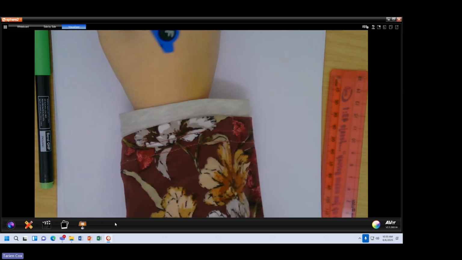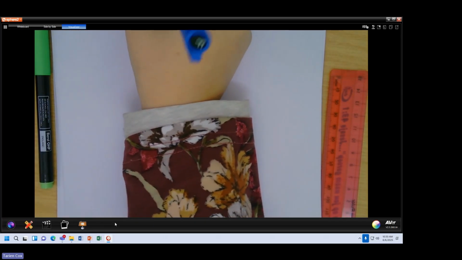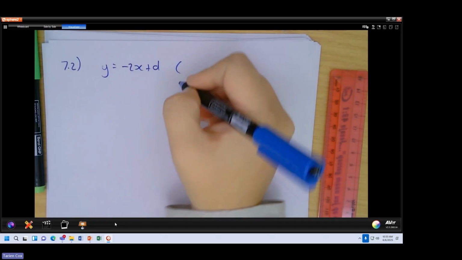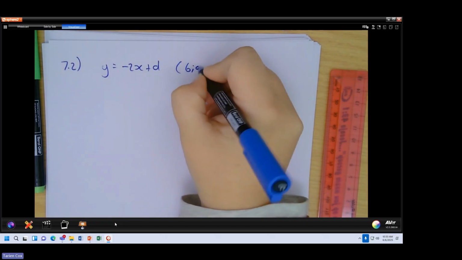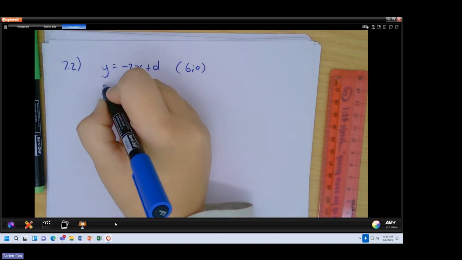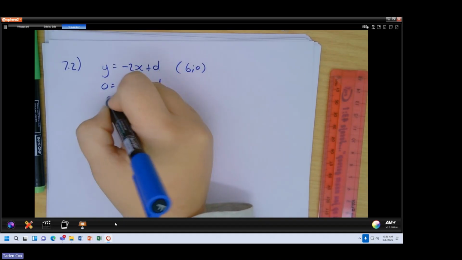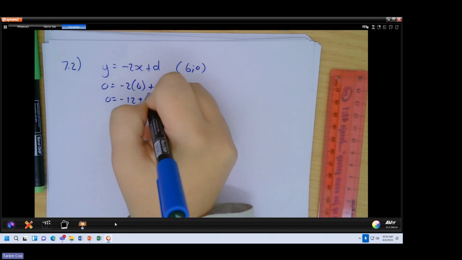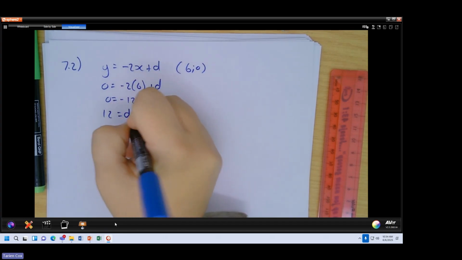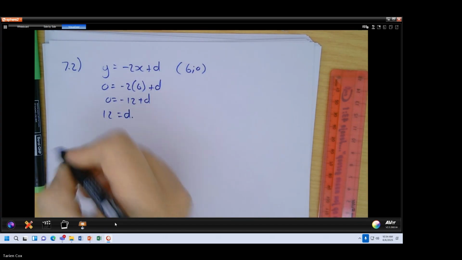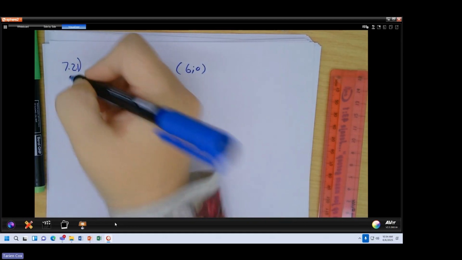So I will have y equals negative 2x plus d. I'm going to substitute, my apologies, now you can see (6, 0) in. So 0 equals negative 2(6) plus d. That is negative 12, so 12 will be equal to d. That's 7.2.1.